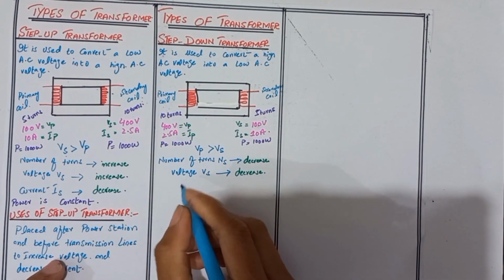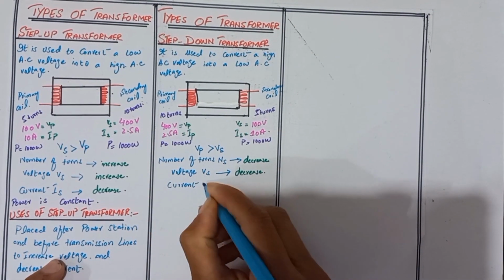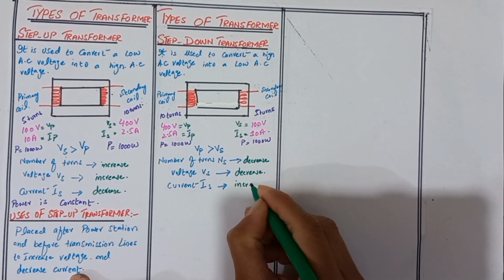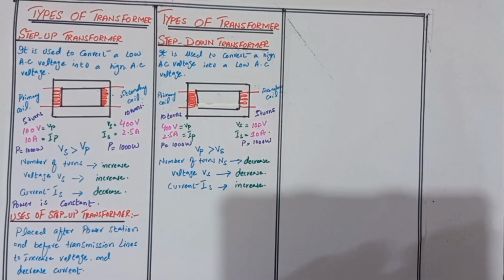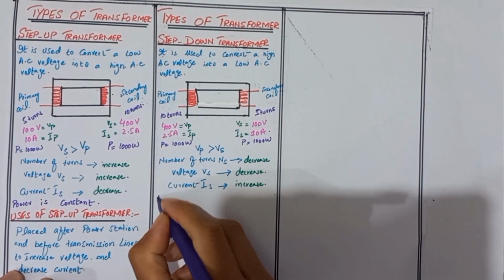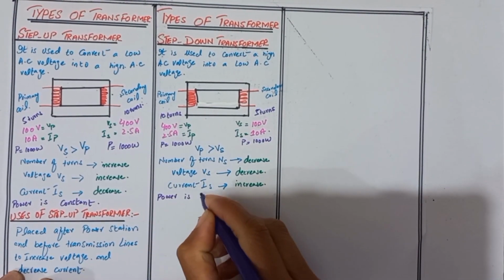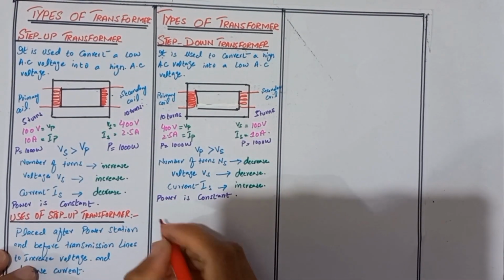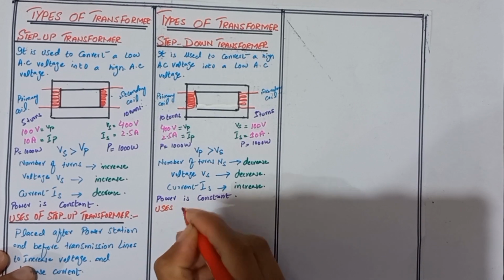When voltage is decreased, the current in the secondary coil increases. Power is constant in both cases, so here we write power is constant.